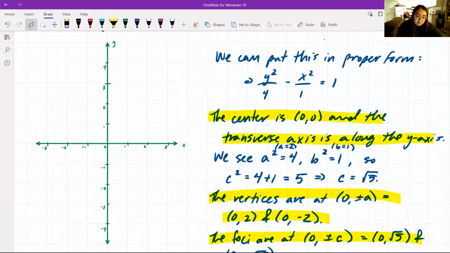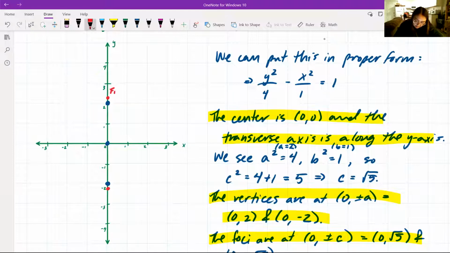So let's start graphing a few things first. Let's graph our center at 0, 0. We can graph our vertices and our foci. So our vertices are going to be at 0, 2 and 0, negative 2. Our foci will be at the square root of 5, which is just slightly greater than 2, and slightly less than negative 2.